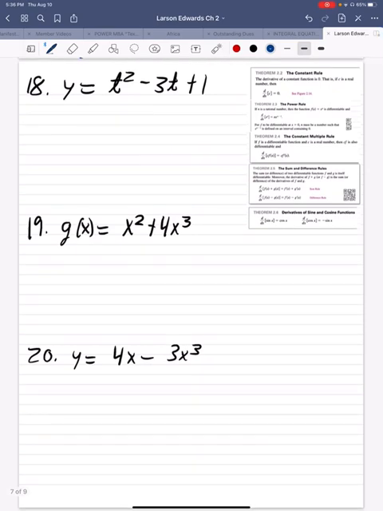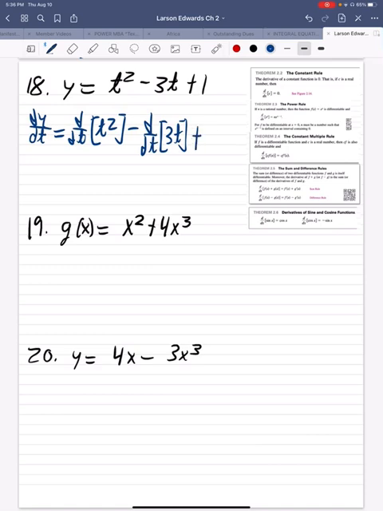So this next question goes much the same way, with both differences and sums. y is equal to t squared minus 3t plus 1. Then dy dt is equal to d dt of t squared minus d dt of 3t plus d dt of 1.